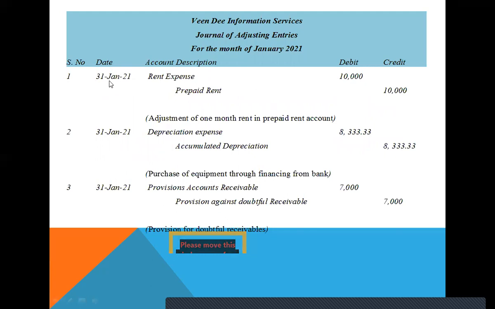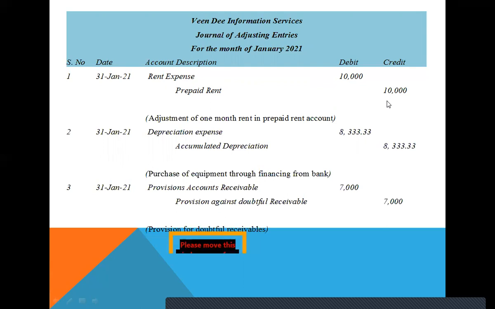So date, January 31, 2021. You use the end of the month because that is where you are going to make adjustments. Rent expense, 10,000 pesos debit. You credit prepaid rent.